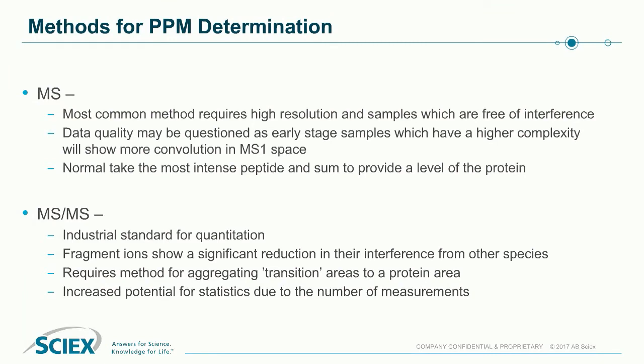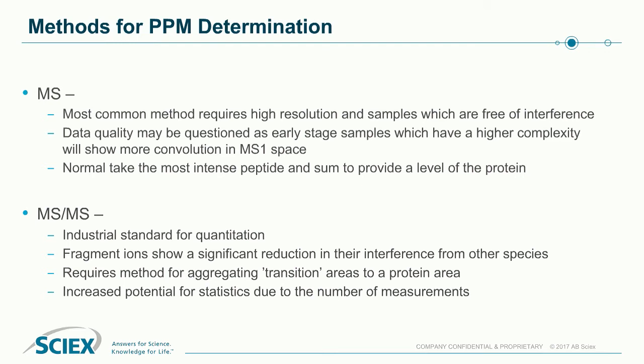Obviously, the next stage is how you determine the PPM values, so we've been investigating different methods from the mass spec data. We understand that the MS1 space using the Hi-3 approach is a standard, well-respected method. But the question was, is there a better way of generating these PPM values using the SWATH data and the MS/MS values?